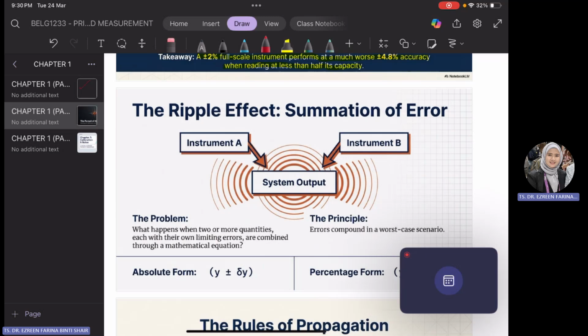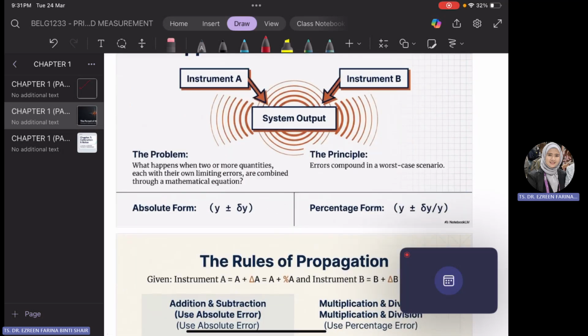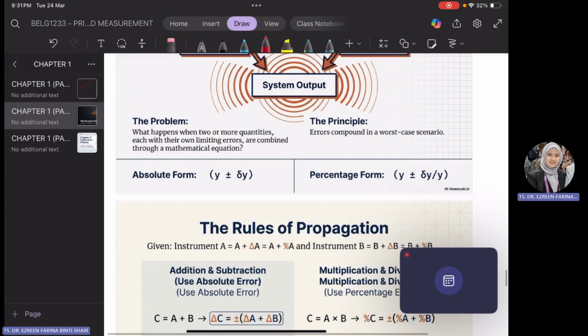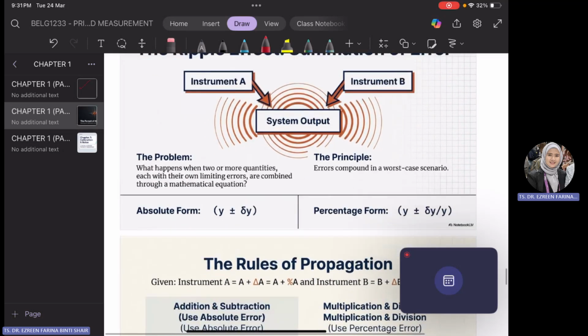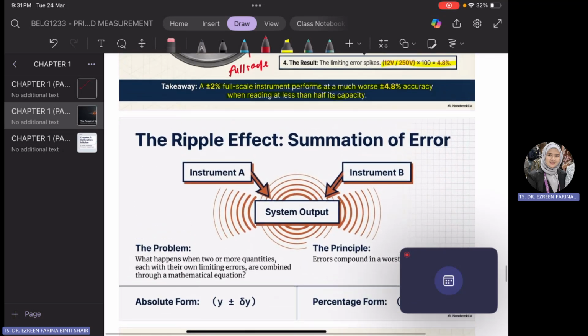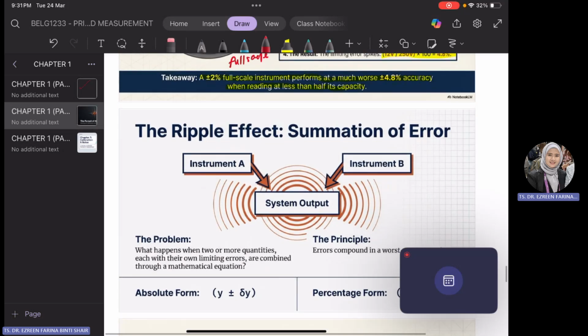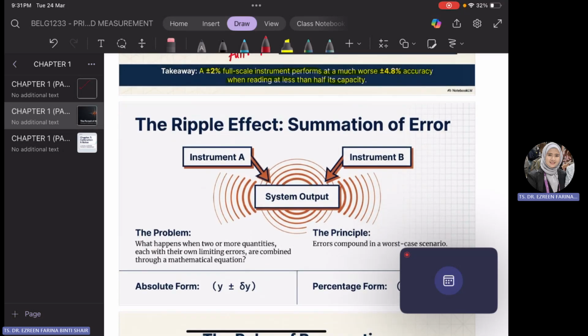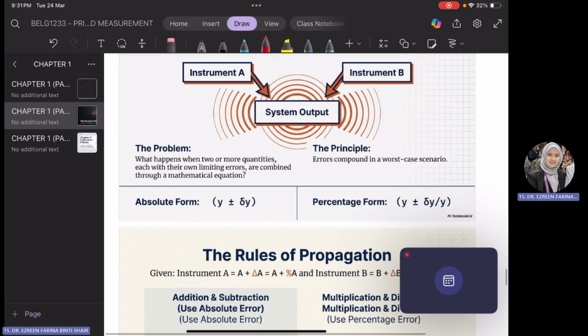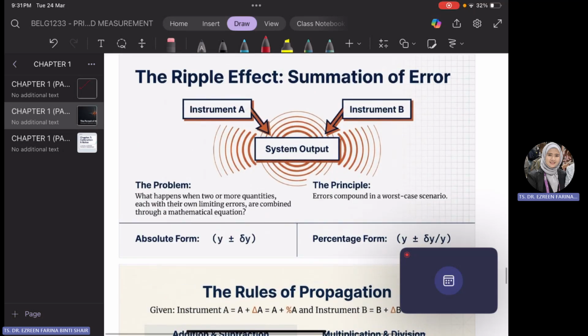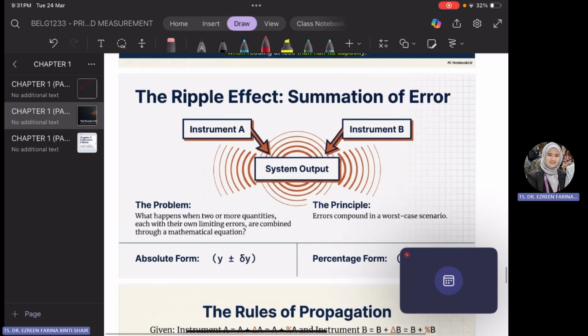Instrument A has its own limiting error and instrument B has its own limiting error, and you combine them. So what happens to the error? For the absolute form, it is y plus minus delta y, and for the percentage form, it is y plus minus delta y over y.